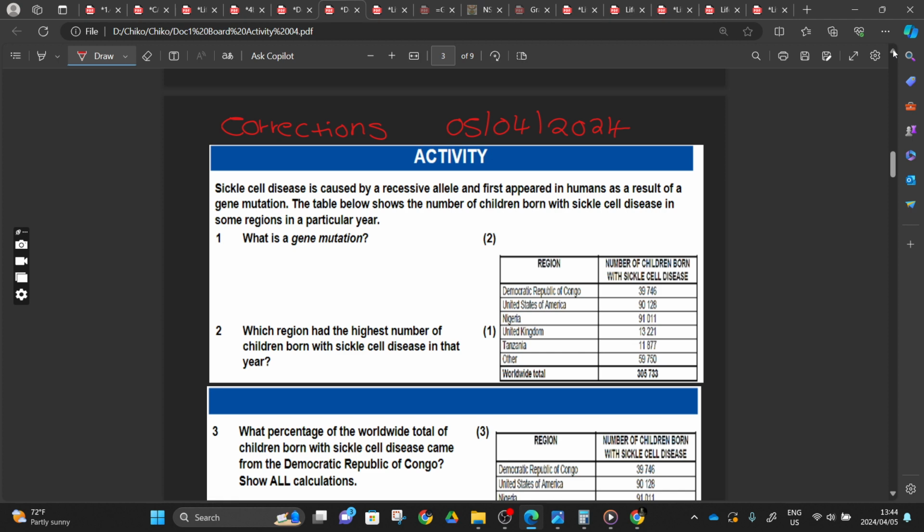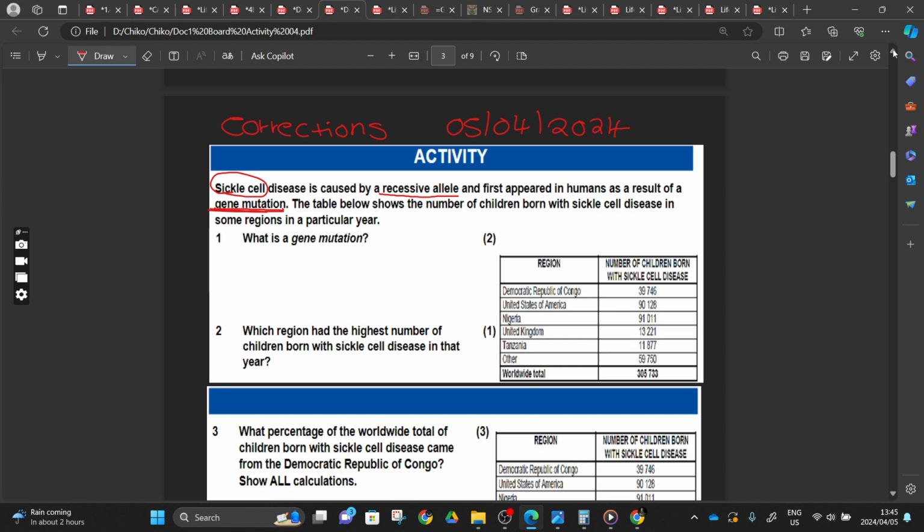This was activity week number 3. And then the activity was like this. They said, sickle cell disease, you are doing correction, you will mark yourself, right? Sickle cell disease is caused by a recessive allele and first appeared in humans as a result of a gene mutation. So this sickle cell disease was caused by a gene mutation.